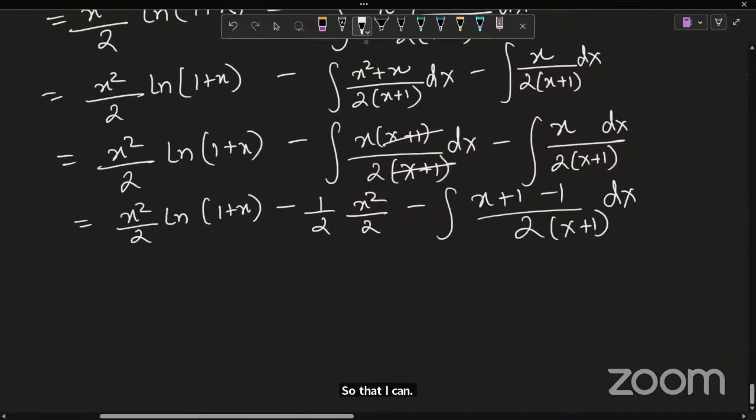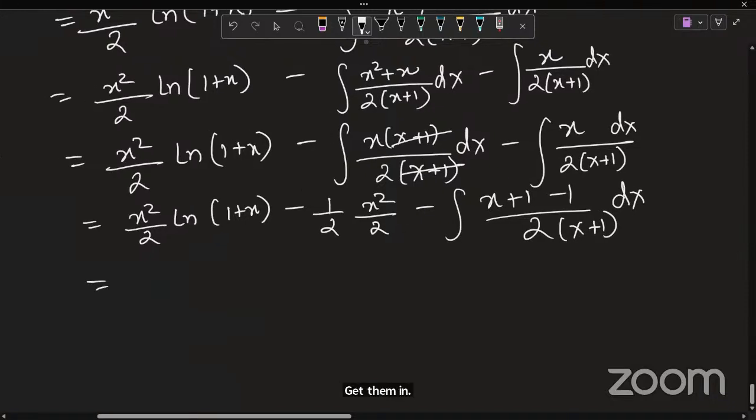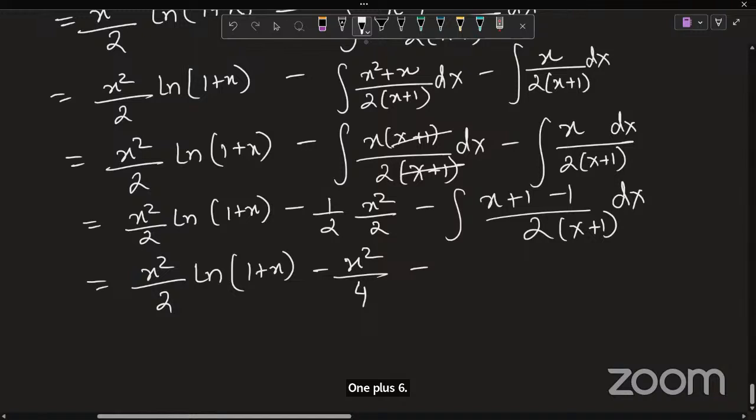So let me write x square by 2 ln 1 plus x minus x square by 4 minus, tell me the value. I'm writing it this way, 2 into x plus 1 minus, sorry, it will be minus and minus, it will become plus.